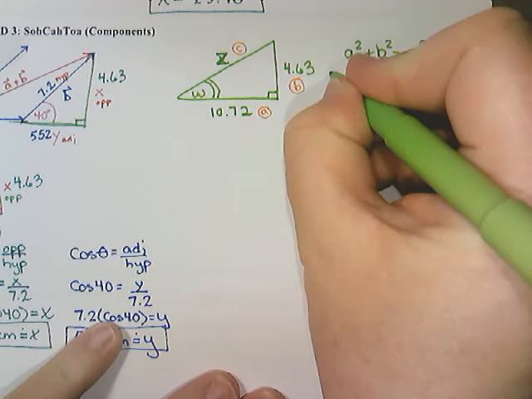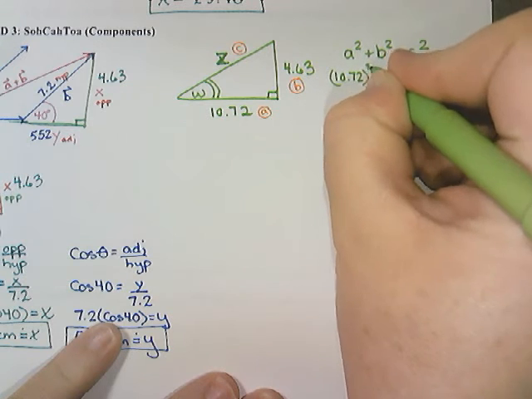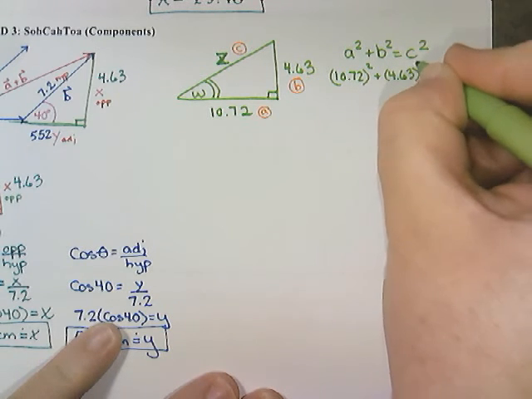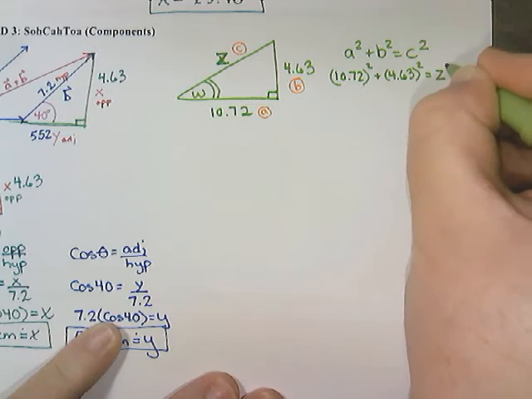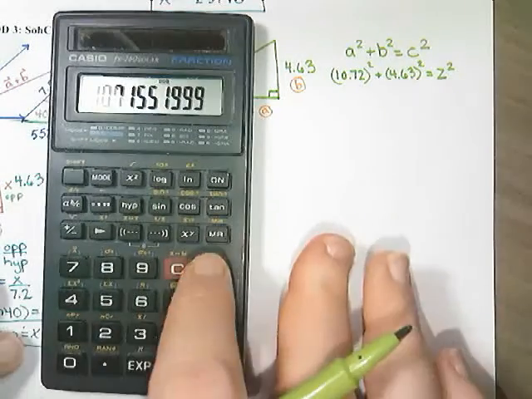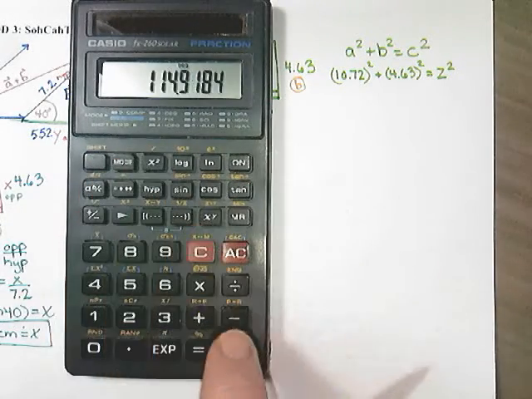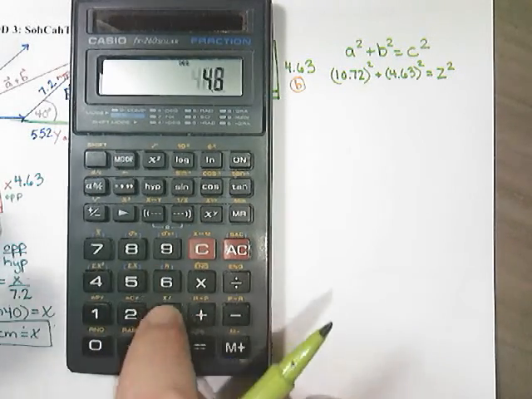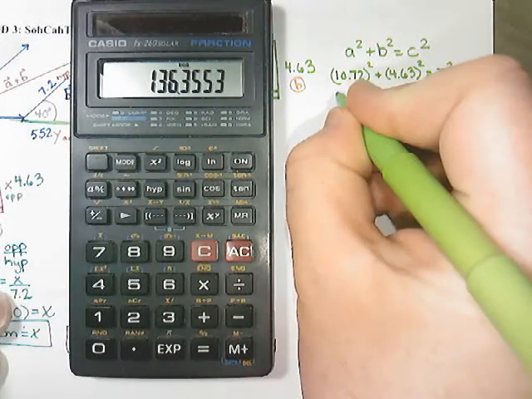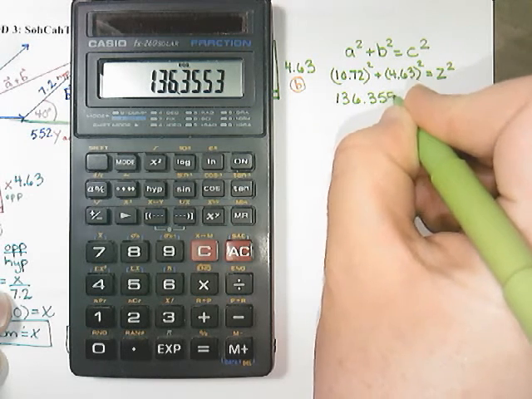So this is going to be 10.72 squared plus 4.63 squared equals z squared. I think I'm just going to add all of that together in one here. So I'm going to do 10.72 squared plus 4.63 squared, which is 136.3553.